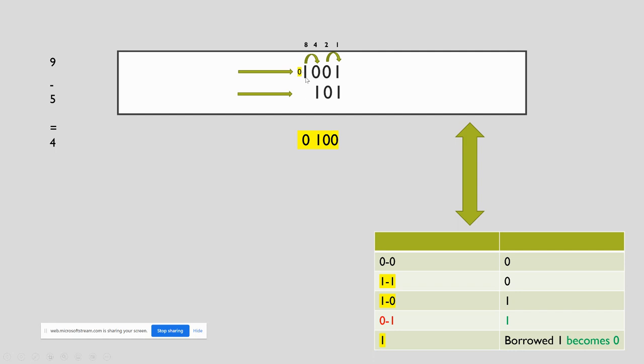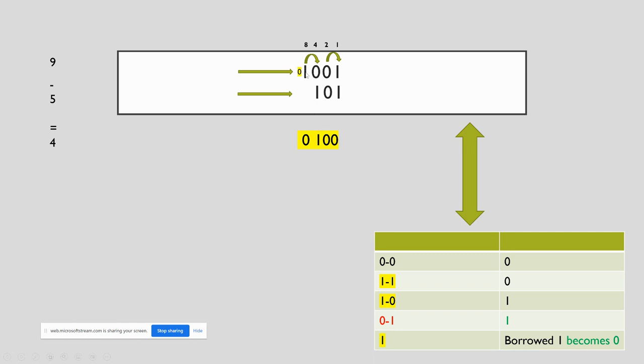It's very important that you highlight it if you're doing it on paper, because you could easily get lost and confused between the 1s and 0s. So make sure you highlight it. Here we can see I borrowed that 1, so it becomes 0. And then think of this as becoming 2. 2 minus 1 is 1. Or think of it this way: because we can't minus 1 from 0, I just take that 1 and put it down here.